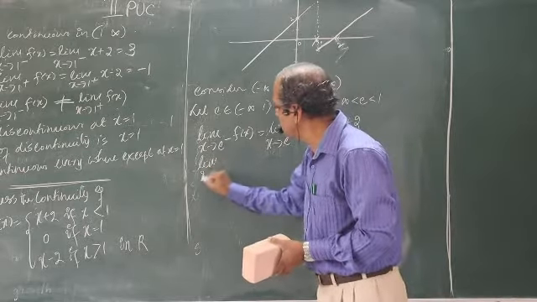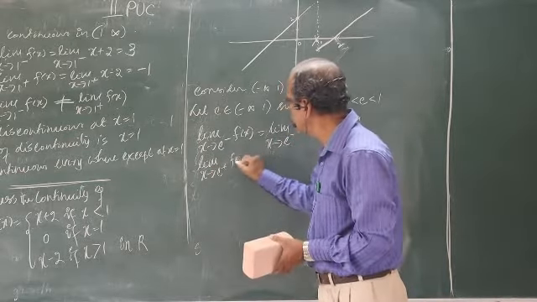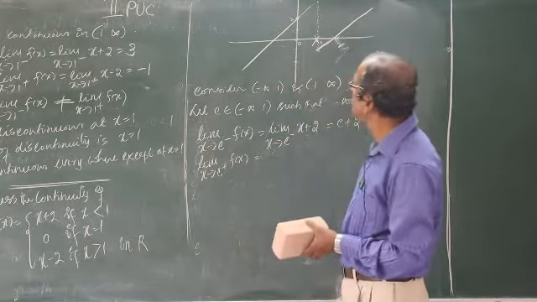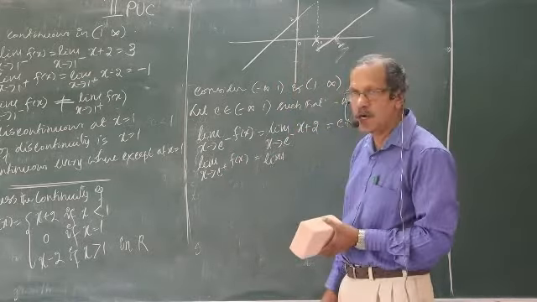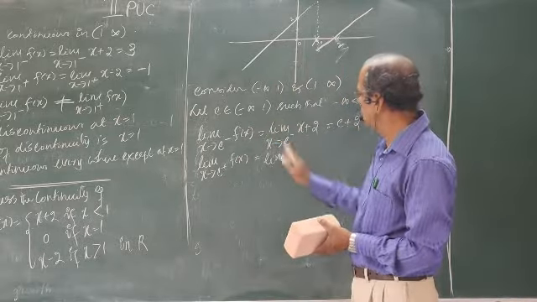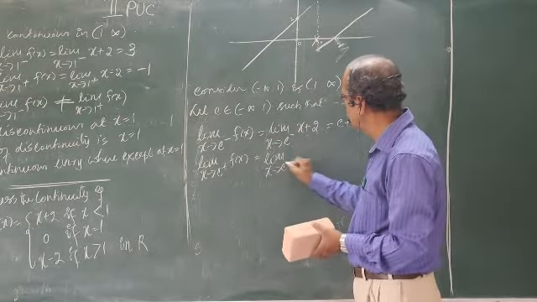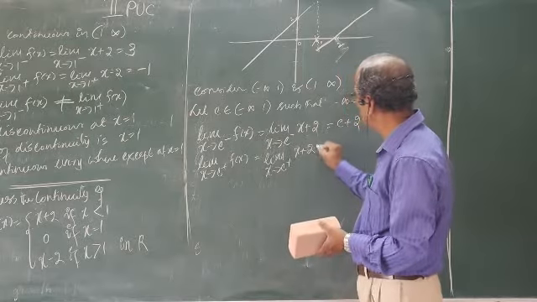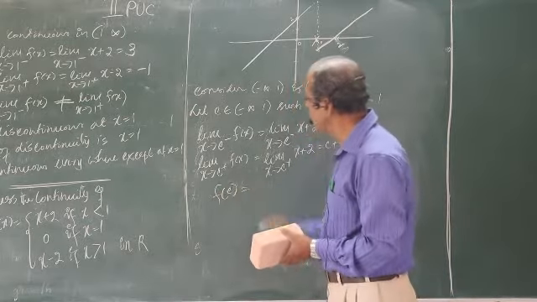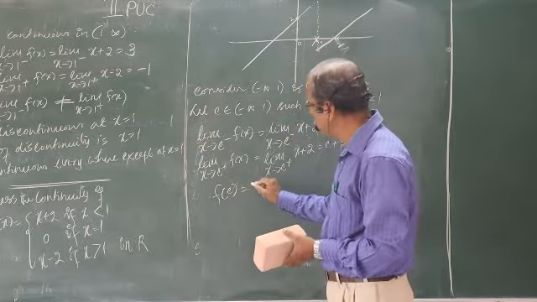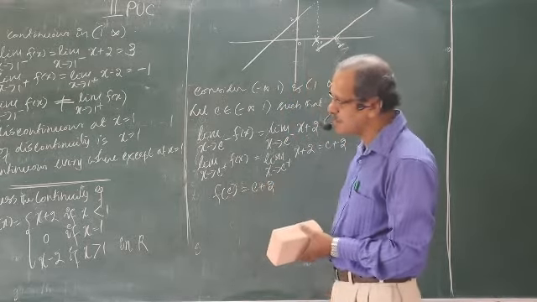Approach the same C from the positive side now. However, the particular C is less than 1, no doubt. Therefore, for x tending to C plus, you have to use the same equation. And f of C, once again going back to the same equation, is C plus 2.